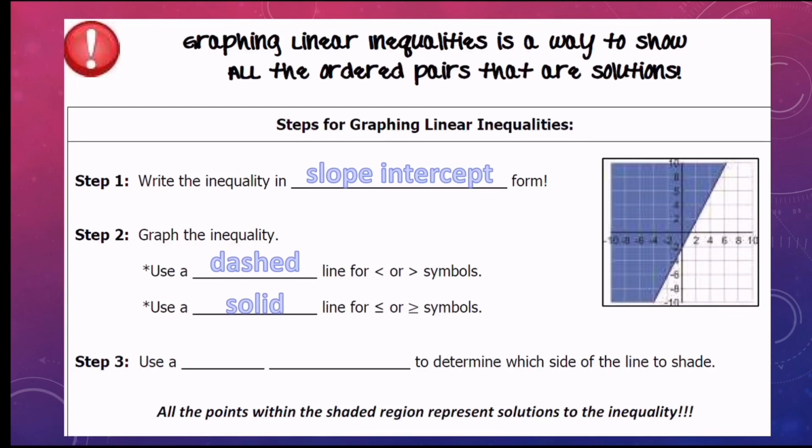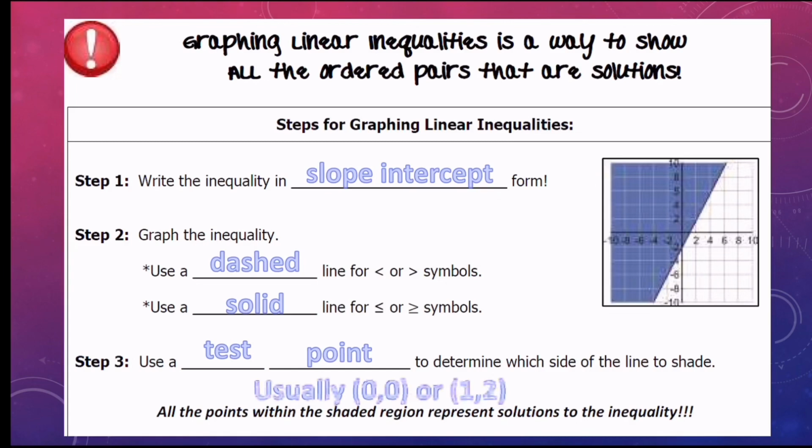We use a test point. So we pick a point. Now I need you to write this down. You pick a test point that is not on the line. Usually I pick (0, 0) or (1, 2). As long as the point is not touching the line, you can pick it.